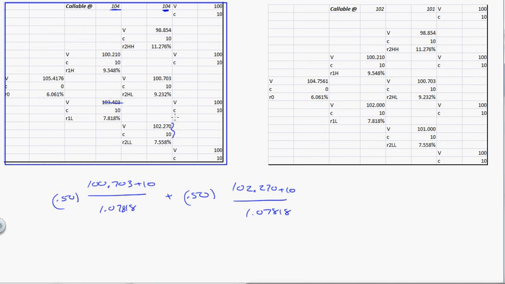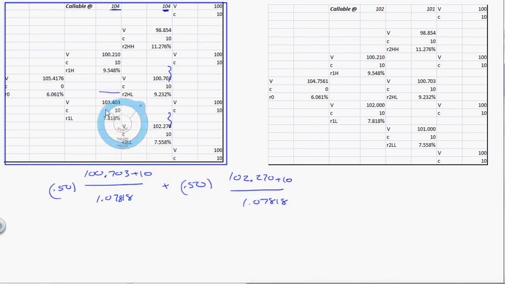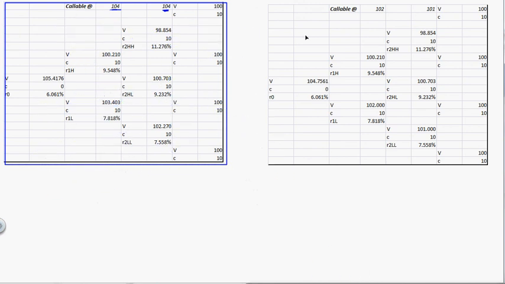So go down and get this, there's a 50% chance. Go up and get this, there's a 50% chance. I work backwards and I can find that the answer is 103.403. So I can do that, and that's pricing a bond that's callable at these really high rates.